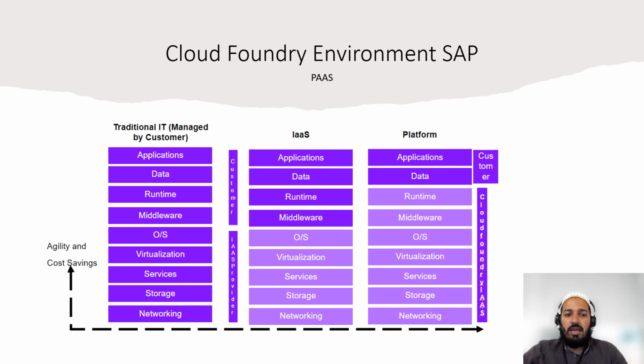Based on agility and cost saving, it is much more on the platform itself. It provides a platform and the customer just needs to take care of the applications and data running on it. On the other hand, we have infrastructure as a service as well, where middleware, runtime, data and applications are customer handled.